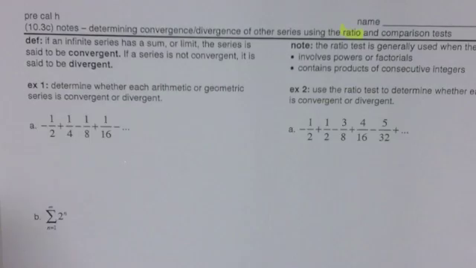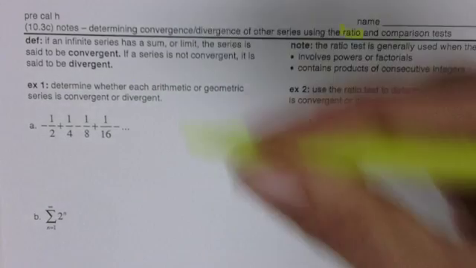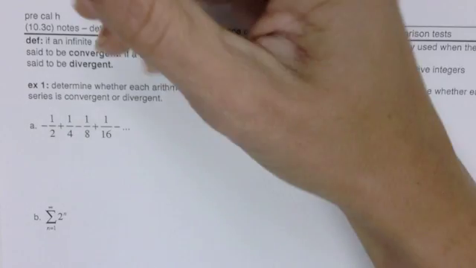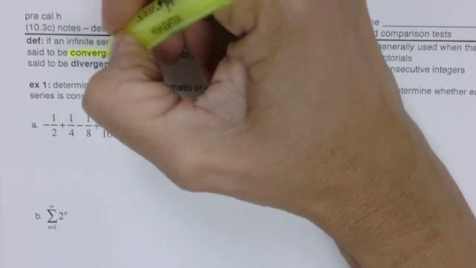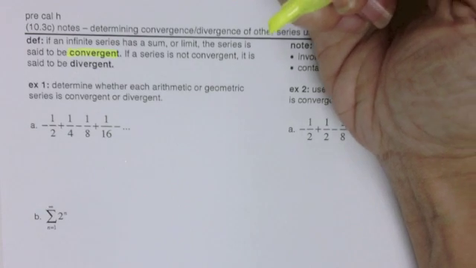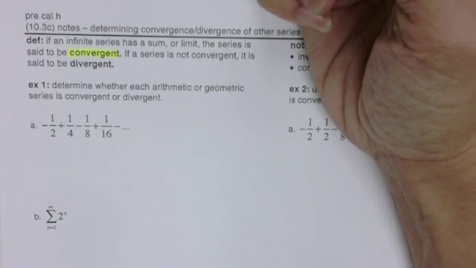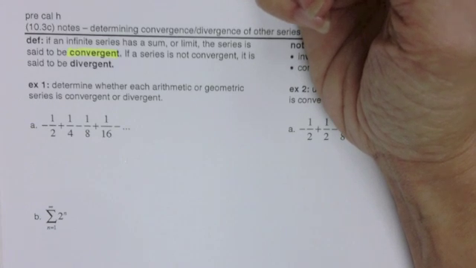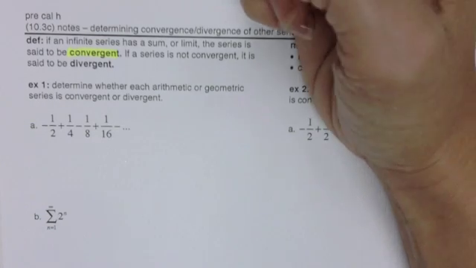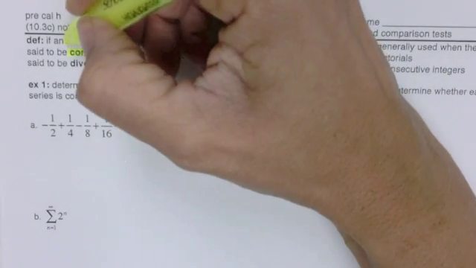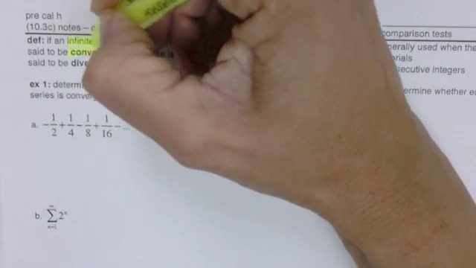Remember that if it's an infinite series and it has a sum, then it's going to be convergent. Finite series don't have to worry about converging or diverging because finite series end, so obviously they have a sum, they can't equal infinity. So we're specifically talking about infinite series here, and if they have a sum, they're convergent.